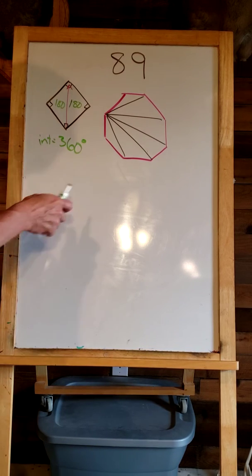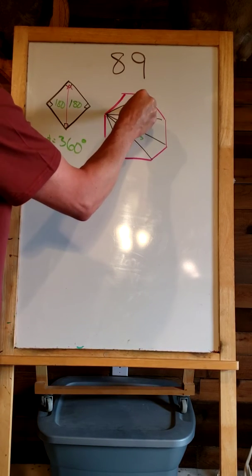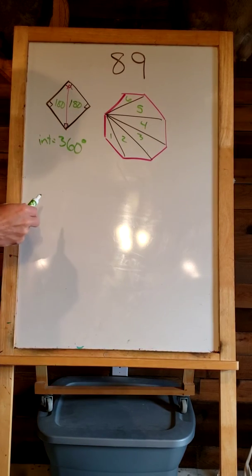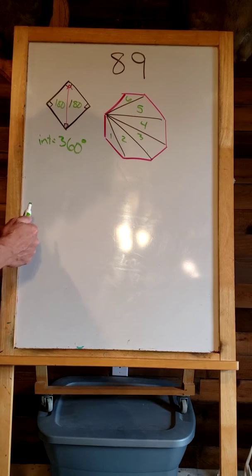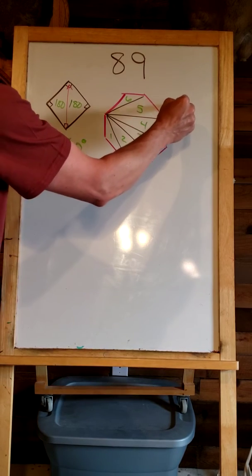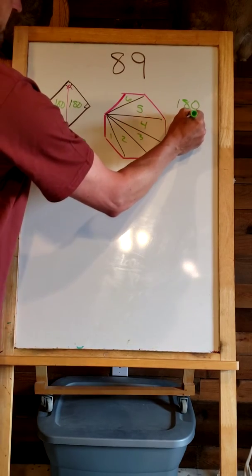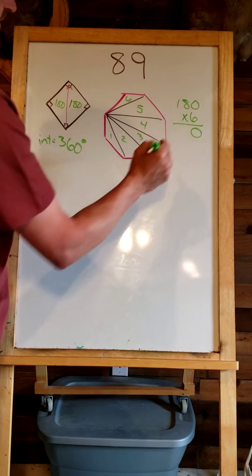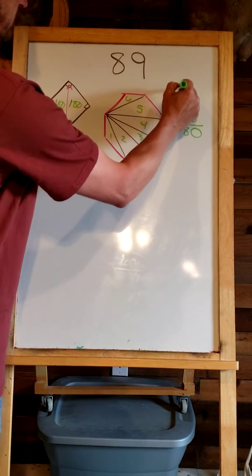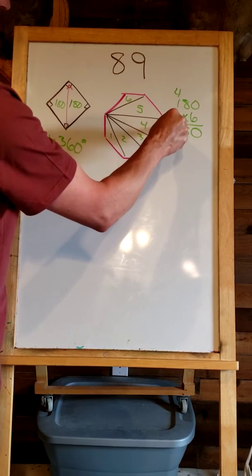Over here with the octagon, we have 1, 2, 3, 4, 5, 6 interior triangles. If we know that each triangle is 180 degrees, we take that times 6. 6 times 0 gives us 0, 6 times 8 is 48, carry the 4, 6 times 1 is 6, plus 4 is 10.